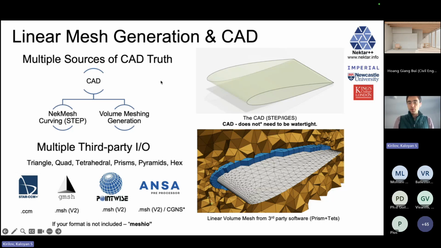So here is an example where you can have only a part of your body. This is just the curved part of the NACA 0012, which is just a single NURBS surface that we have provided without the domain, without any other parts of it. And you can do it even with part of your CAD if you have a very complex domain.